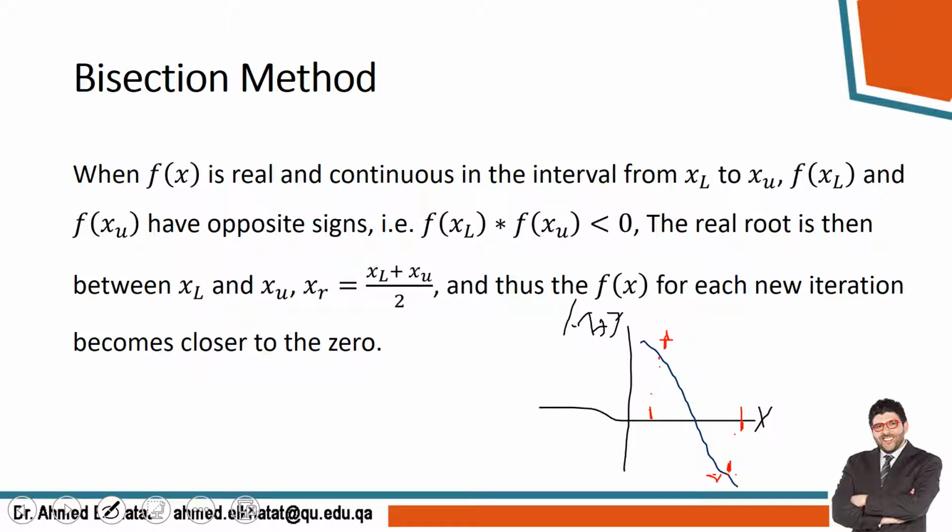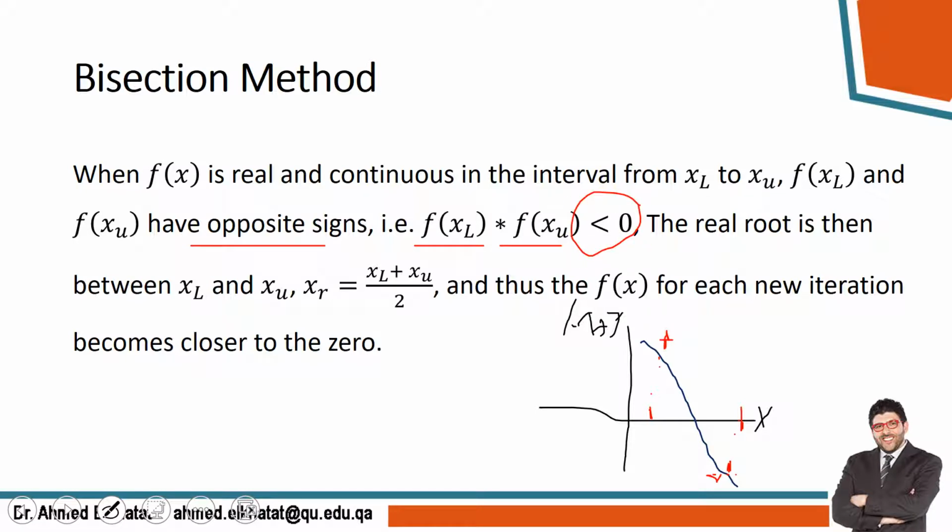If the product is positive, then both are negative or both are positive, so it's important to have opposite signs. That means f of x L times f of x upper is below 0.